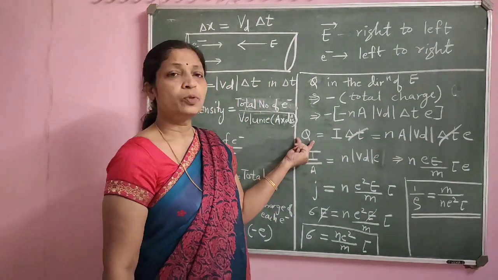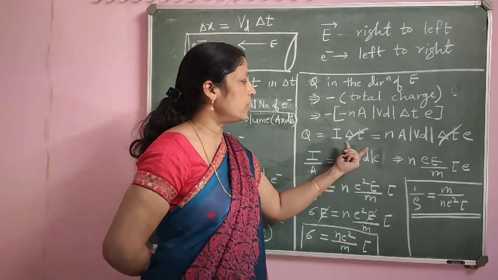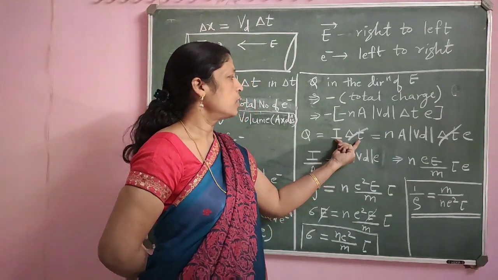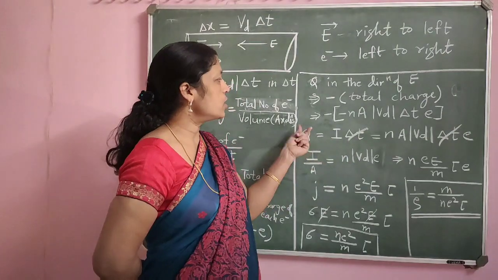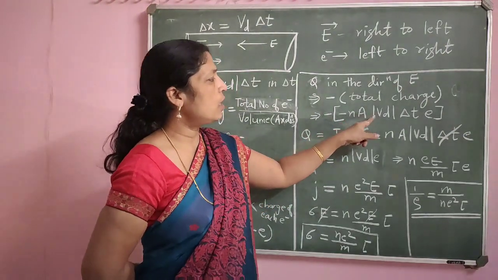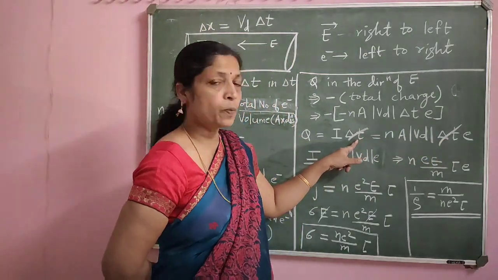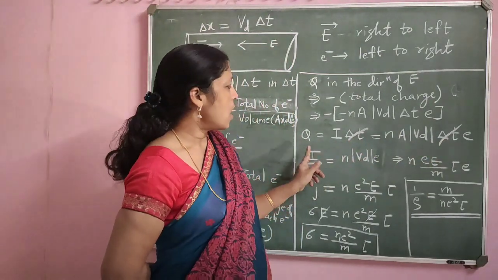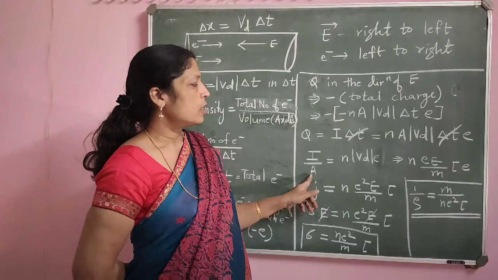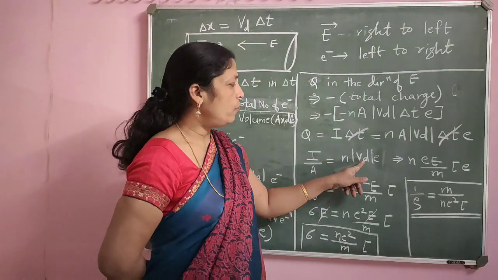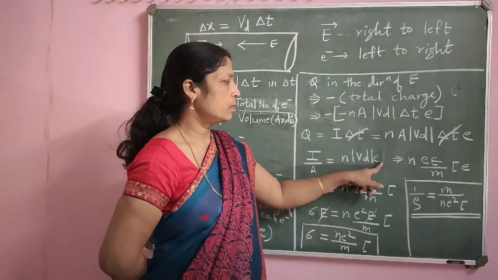As we know, charge Q is I delta t. And what is Q? n A Vd delta t e. I have cancelled out delta t from both the sides. I upon A equals n Vd into e.